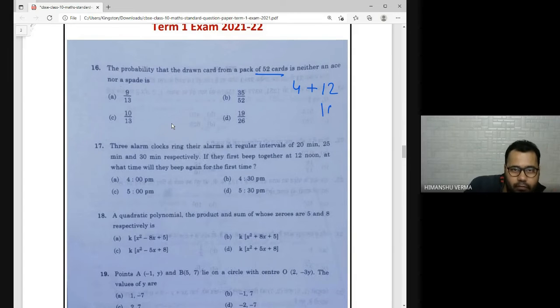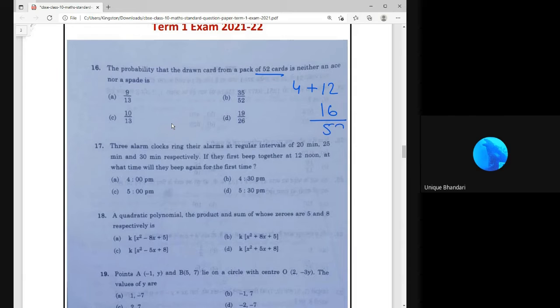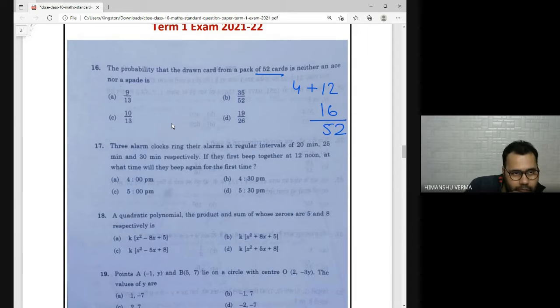So 16 by 52. Neither an ace nor a spade.